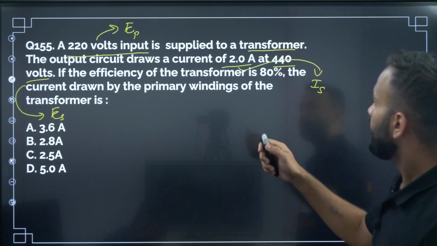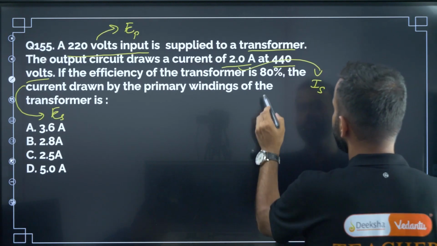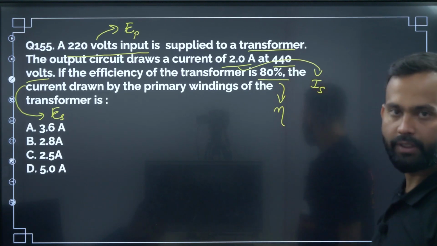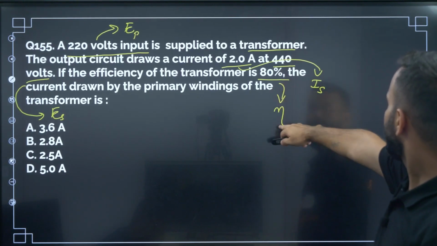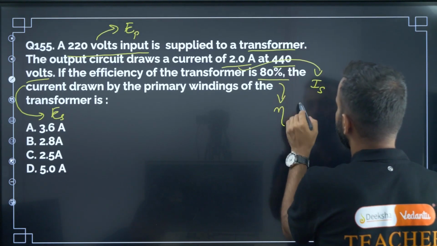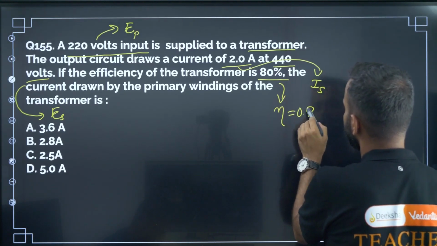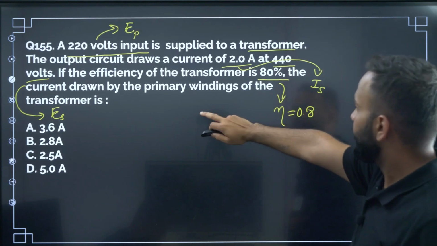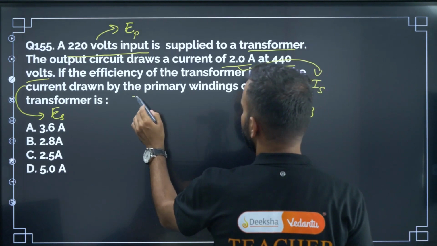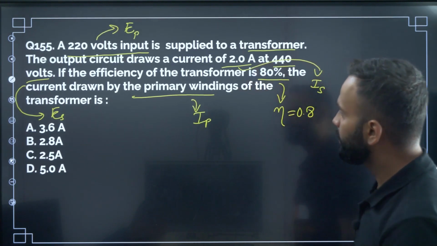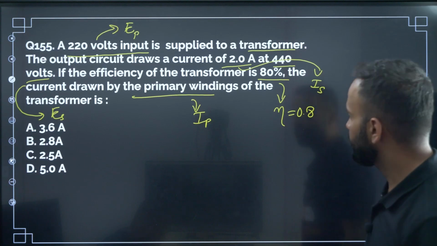440 volts. If the efficiency of the transformer is 80%, here let eta be the efficiency. Okay, efficiency eta is equal to 80%, right? So 80% divided by 100 is 0.8, right? The current drawn by the primary windings of the transformer, that is we need to find IP. Let IP be the current drawn by the primary windings.